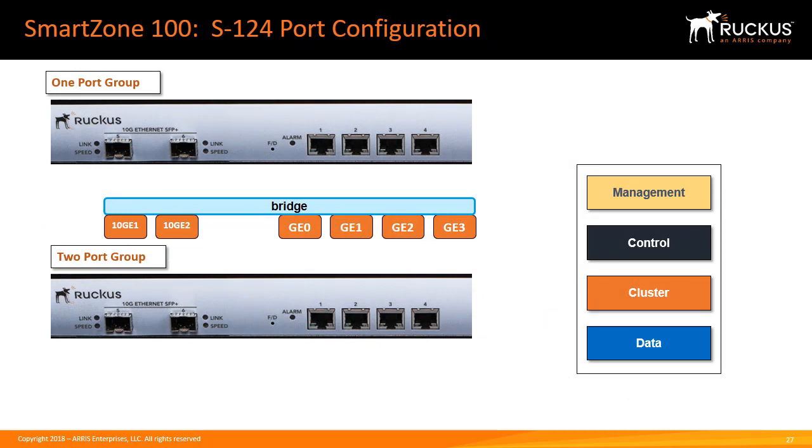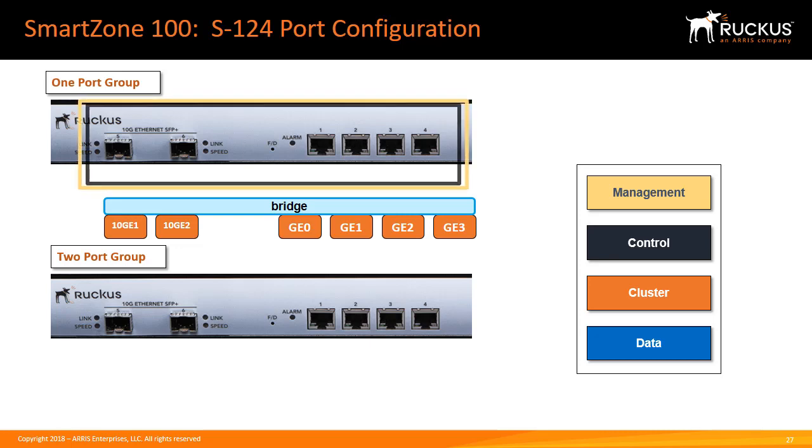The 4 gigabit Ethernet and the two 10 gigabit ports can be set up in two ways: a one-port group or a two-port group. In the one-port group, all of the interfaces, including the two 10 gigabit ports, are bridged, and all management, control, cluster, and data traffic will flow through the single active port on the bridged interface. The interfaces are not a LAG and do not aggregate the traffic.